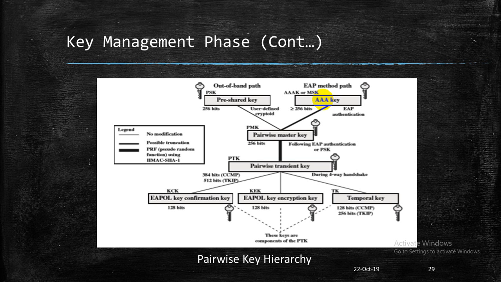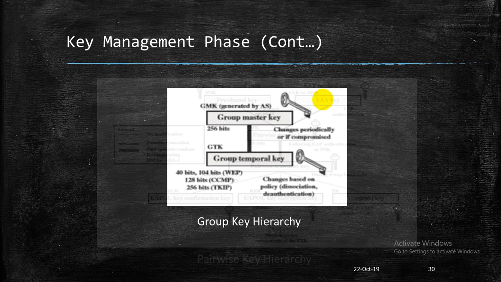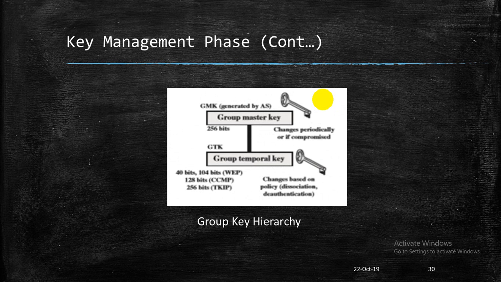And as we see, the pairwise master key comes from the pre-shared key or master session key, and the pairwise master key generates the pairwise transient key, and then the three other types of key: EAPOL key confirmation key, EAPOL key encryption key, and temporal key. Here is the group key hierarchy.